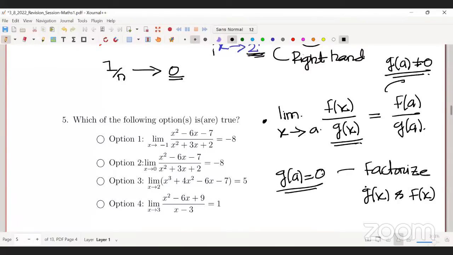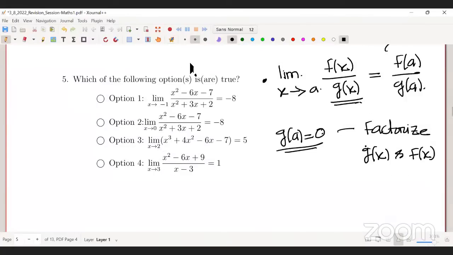After that you start calculating the limit. Okay, so option 1 is correct.